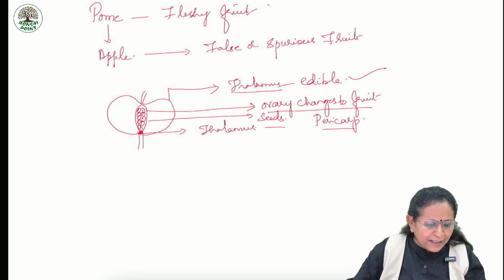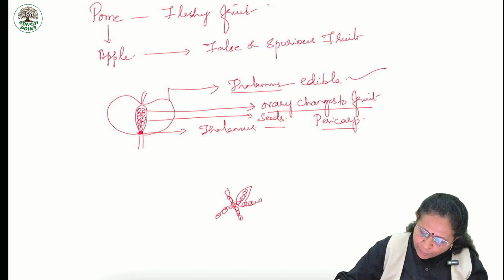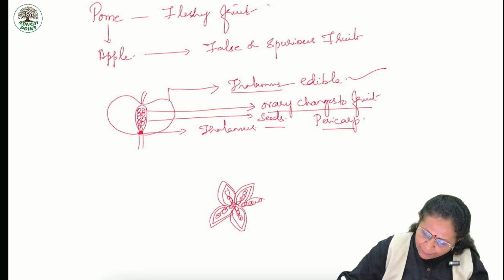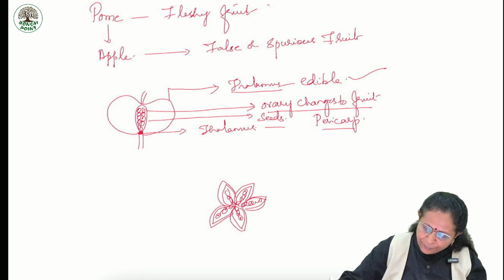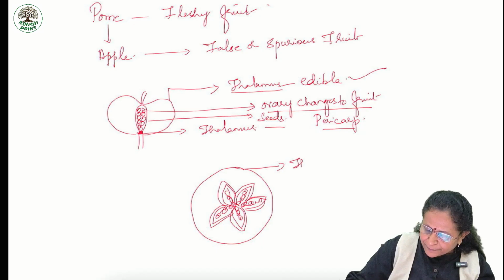Now, when you take a transverse section of the apple, nobody takes one, but for our study, we just explained. These are the seeds that we show, and that is covered by what? It is covered by endocarp, mesocarp and epicarp. It appears like this in TS with axile placentation, and this forms the thalamus.